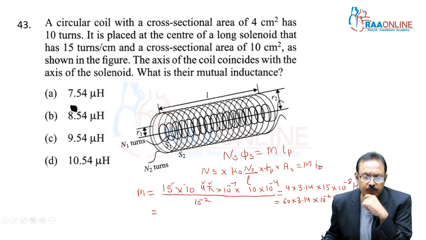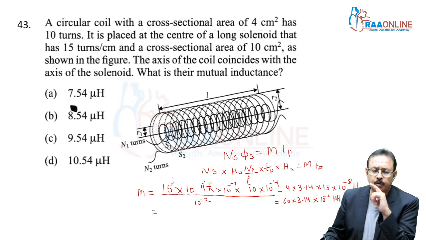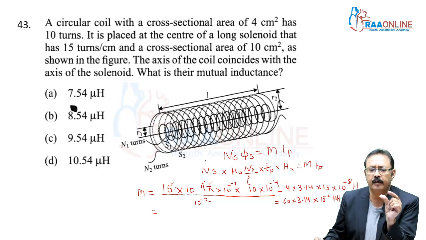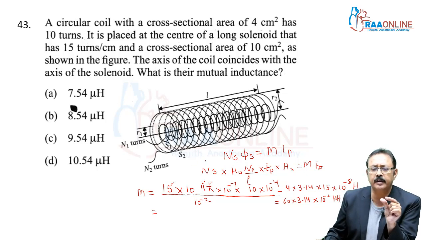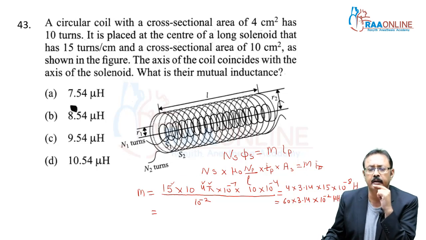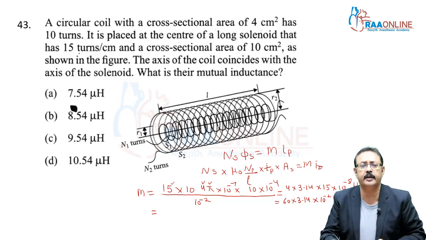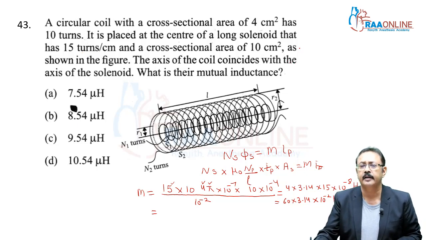So for the mutual inductance, we are taking the number of turns in the secondary coil, NS. Secondary coil means we are choosing 15 turns per centimeter. It is primary, so secondary is this.